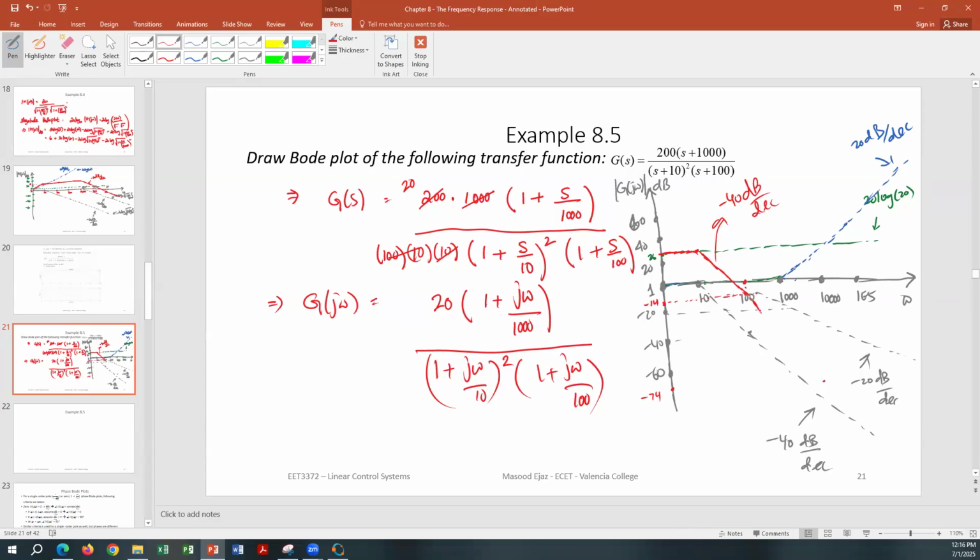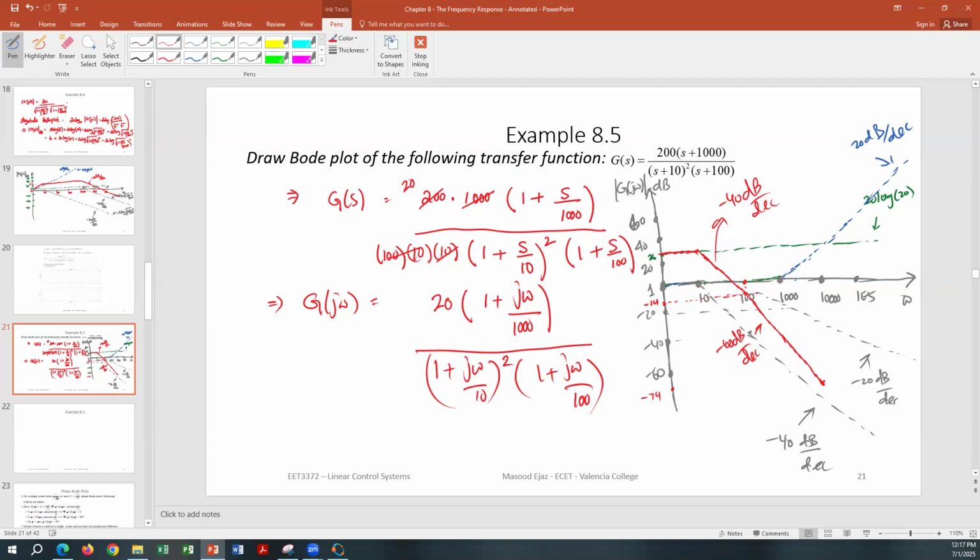It's hard to see that the slope is changing, but it will change. And then after this, when you hit 1000, the positive 20 decibel slope and this negative 20 decibel slope will cancel each other, and only the negative 40 decibel will be left.